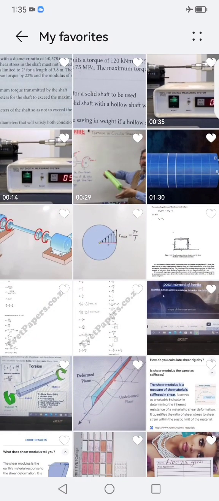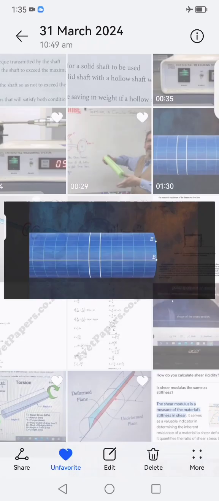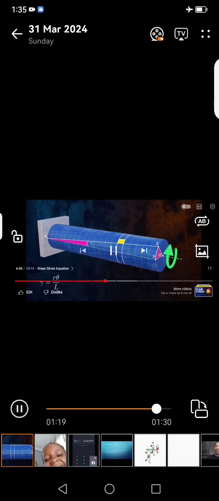Due to that, we expect the shaft to do this, divided by the length of the bar. The element is initially rectangular, but when the torque is applied, it gets distorted. That's what we expect from the shaft as the twisting happens.